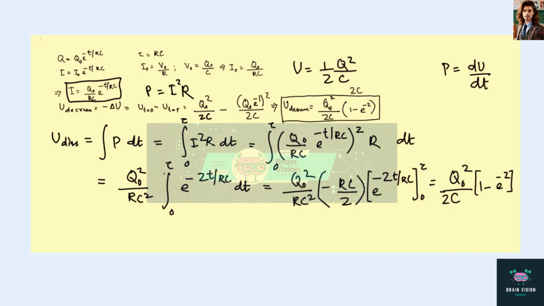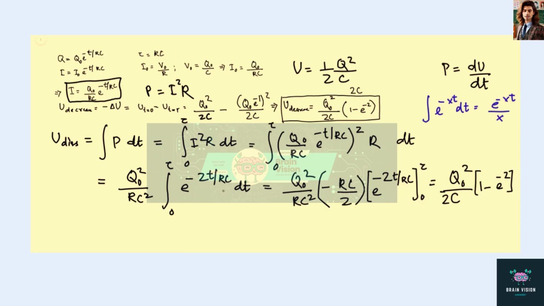Now about the integration here. If your integral is of this form, let's keep it indefinite for now. So this integral will be equal to e to the power minus x t over x. And in this case, your x is 2 over RC.